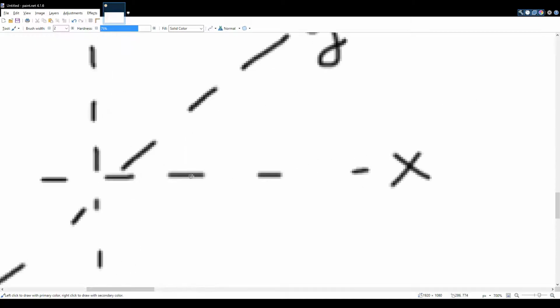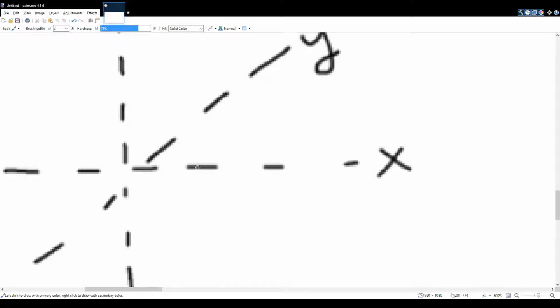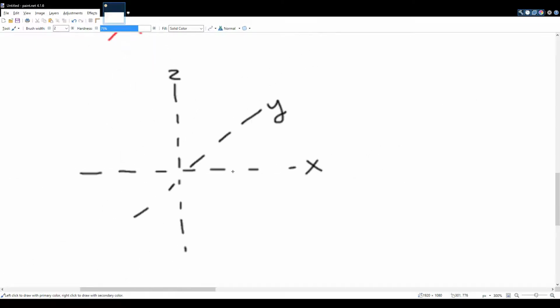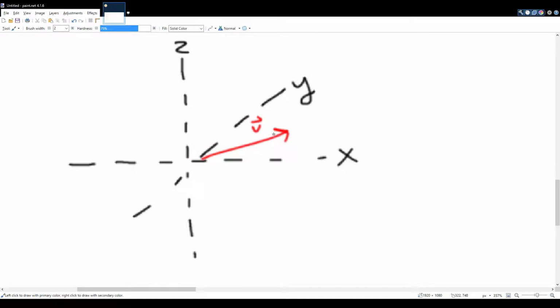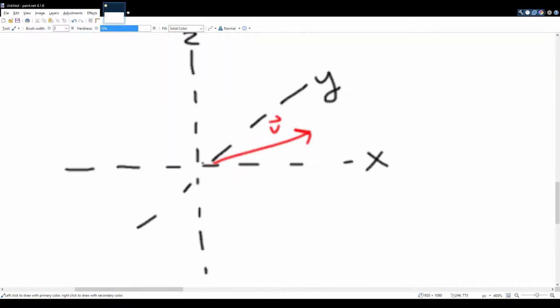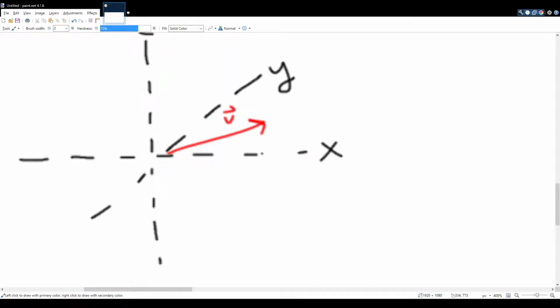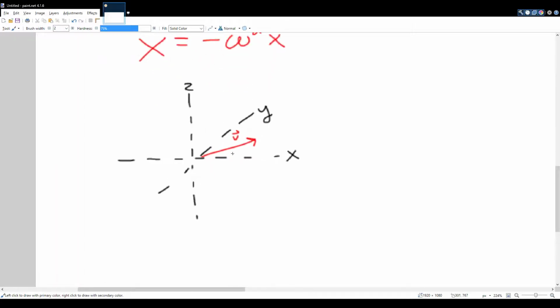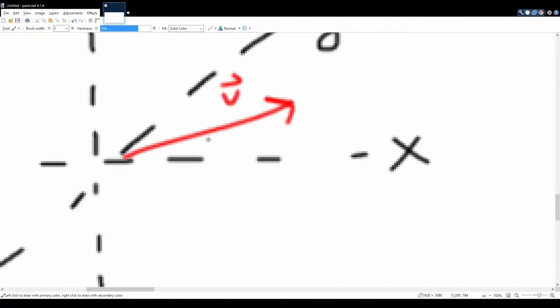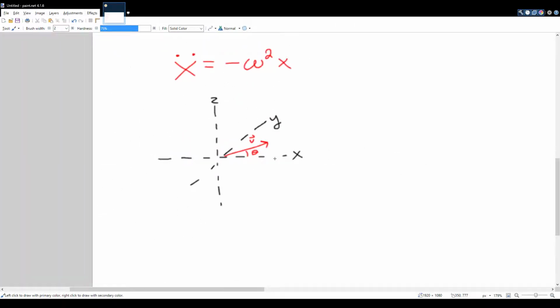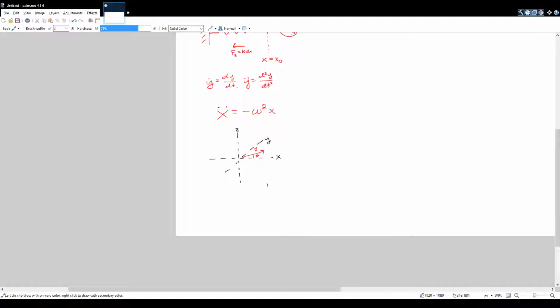A linear constraint would be like a particle moving really anywhere in this coordinate system, right? It could be moving like that with some velocity with both y components and x components. But an angular constraint, for example, would be this angle right here. And this is the angle on the xy plane. And that is a constraint, right?